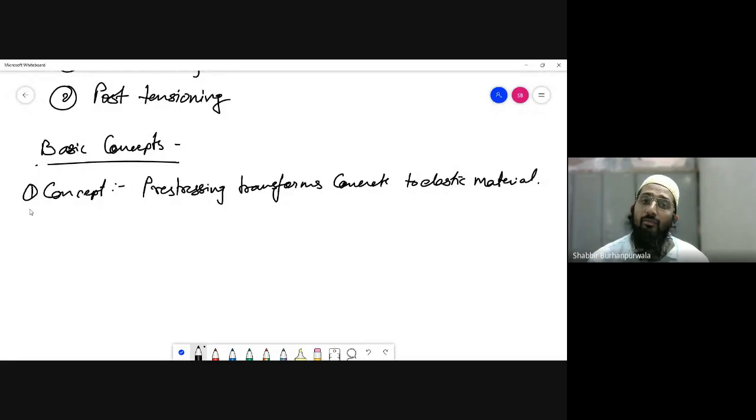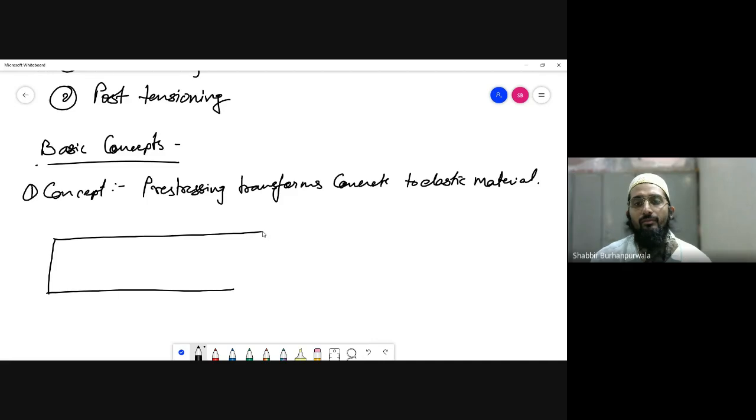That means that we are considering our concrete as an elastic material during the pre-stressing portion and the calculation of the pre-stress stresses and analysis. So let us consider a longitudinal section. For this longitudinal section we have our stress diagrams.